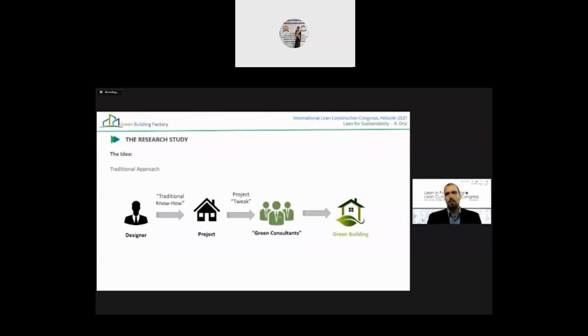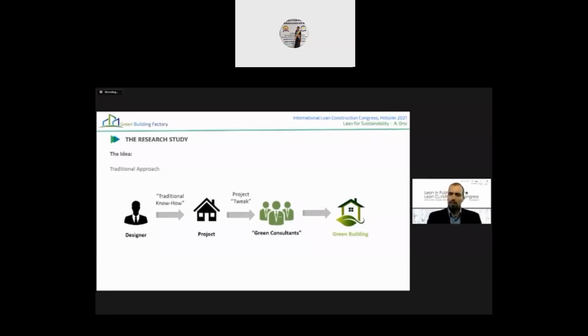You typically have a designer, a general contractor, or an owner that develops a project or a design and then gets some consultants to tweak or adapt the project to the green needs. That's why we're called consultants.